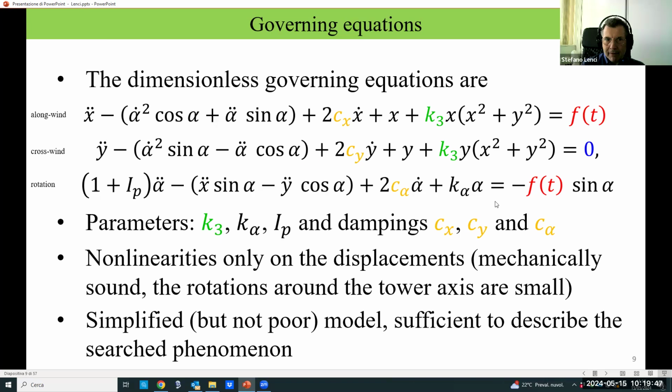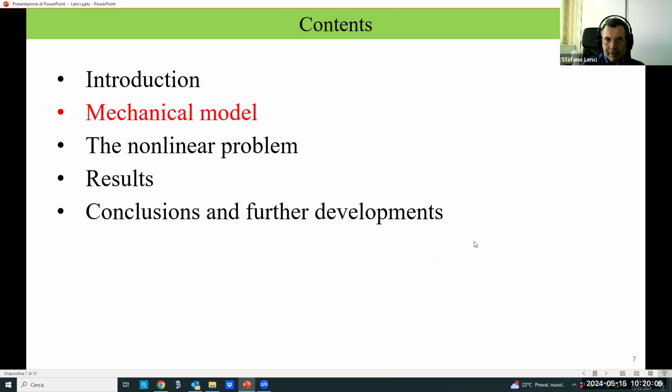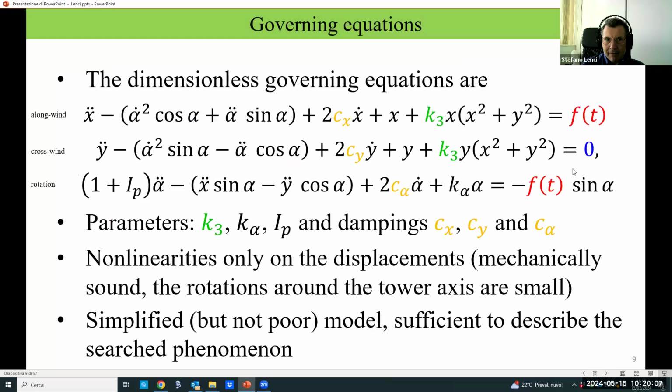And also the rotation: in the rotation you have this excitation, because if the wind pushes along X, because of this very small distance it creates a moment, and this moment also excites the rotation, and this is exactly the term which is reported here.